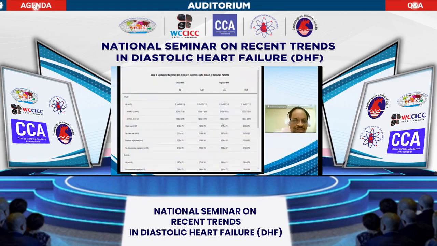Here you can see the graph study, where in the HFpEF patient the global MFR is 2.21, or even 1.88, and LAD 1.9, LCX 1.89, as compared to the normotensive control 2.89 and 2.9. So this definitely shows there is a reduced CFR in HFpEF patients.